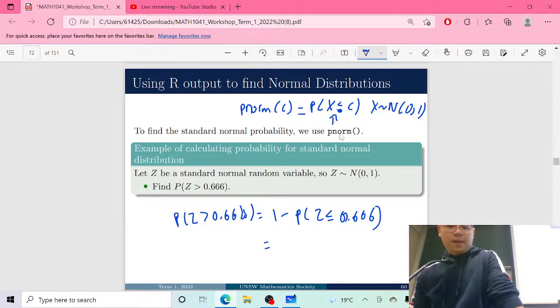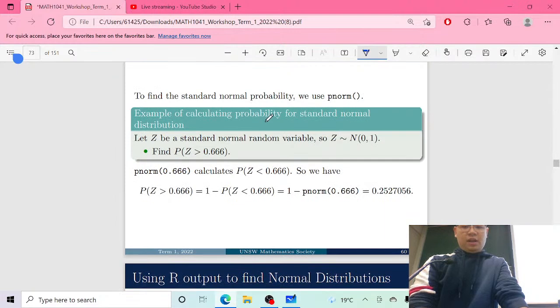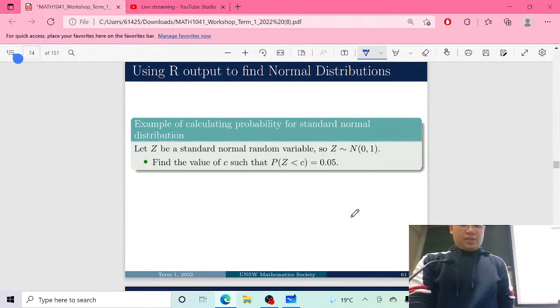So you just have to find p-norm of 0.666. An important thing to note is that this only works if Z is a standard normal random variable, and we'll see how to deal with cases where it's not later on. Just plug it into the formula and you'd get the answer. Makes sense? So let's do another example, this time using q-norm.